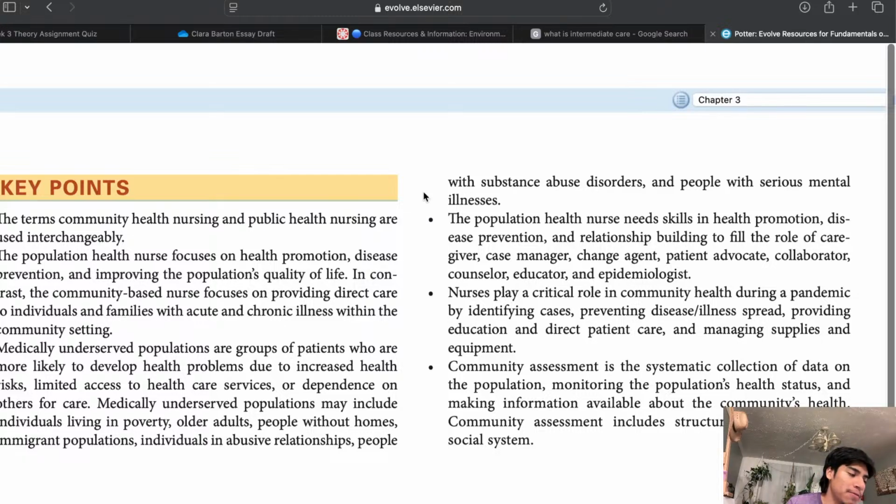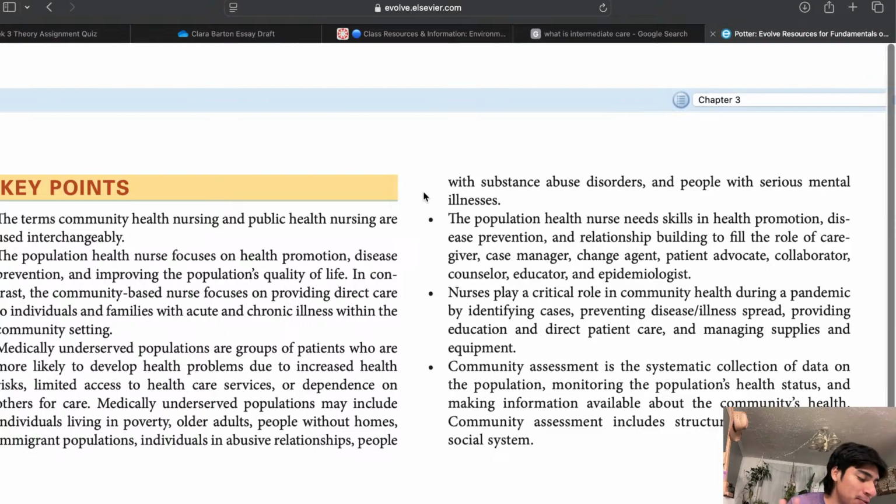Okay, I'm on page 35 for social determinants of health. So let's talk about them. Social determinants of health are biological, socioeconomic, psychosocial, behavioral, or social factors that contribute to a person's current state of health.